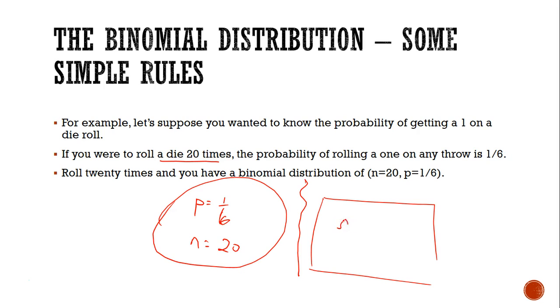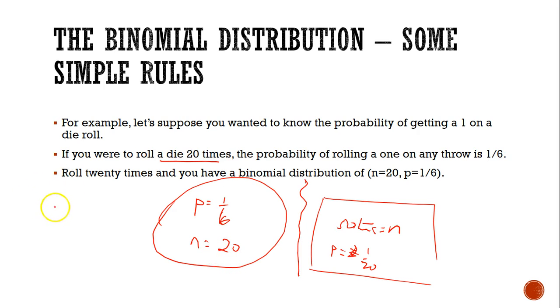I'm looking at 50 items, and I know from previous history, based on previous reports and evidence, that P might be 5%, which is 1/20. So for the business case, your N would have been 50, and your P would have been 1/20. When you roll a die, your P is 1/6, and your N is equal to 20.